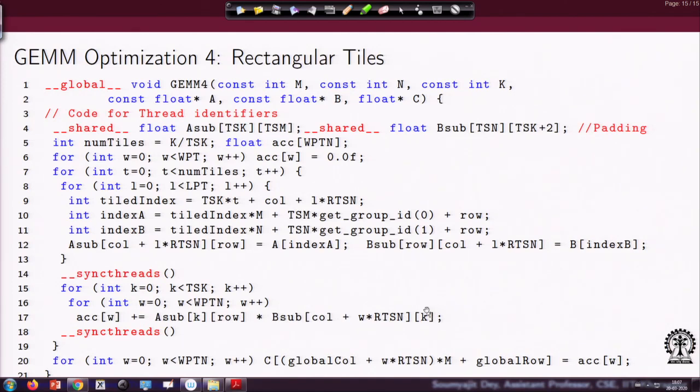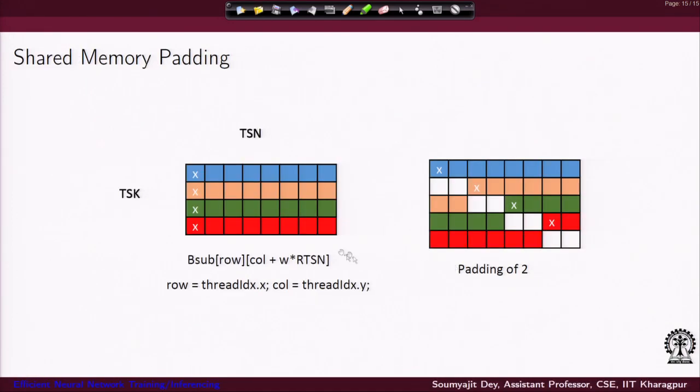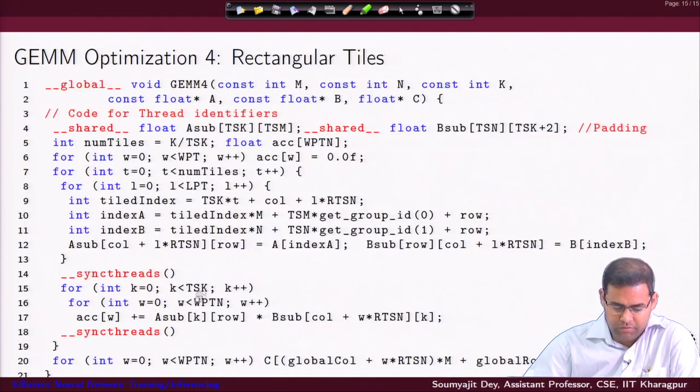But there will be one problem here which you have to understand: when you are going to load the data from the shared memory like this, this is where you are doing the accumulation.